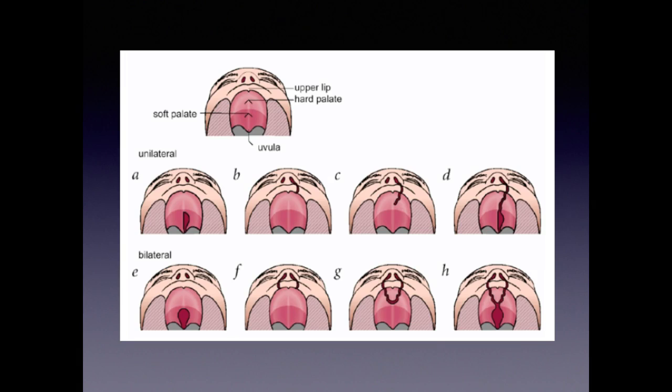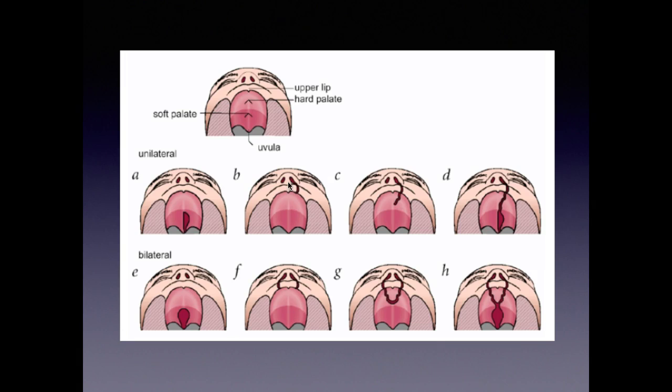So here are some examples of some clefts, starting with the unilateral, meaning just on one side of the midline. In this case, this is a unilateral cleft palate, soft palate only. And below it, we have a bilateral cleft, soft palate only.